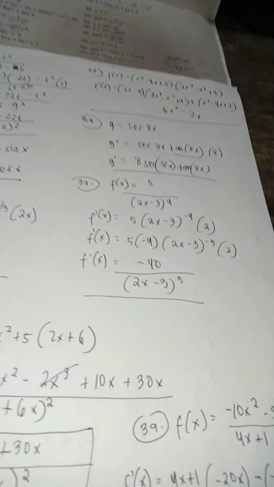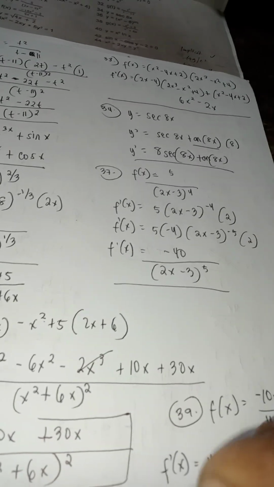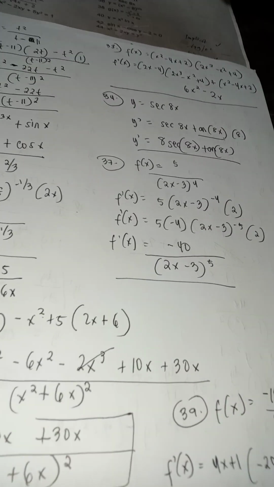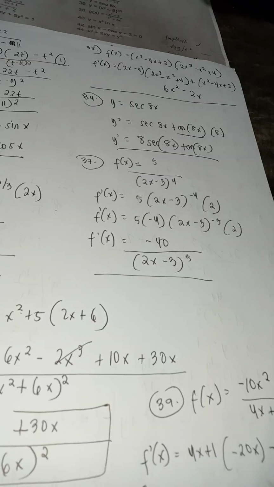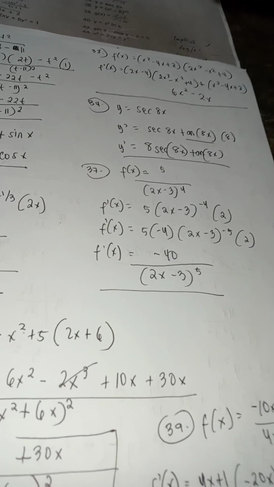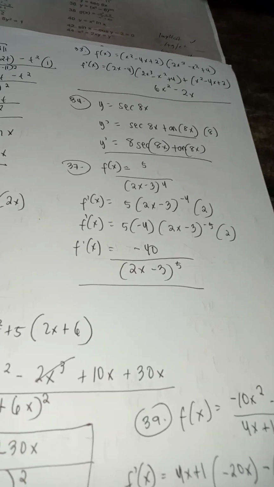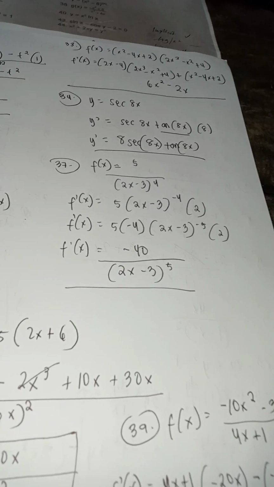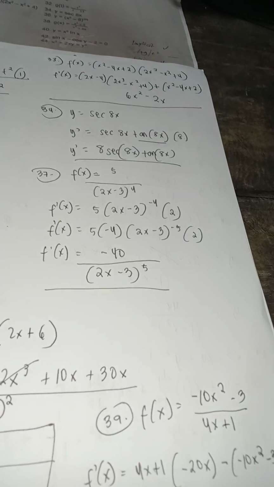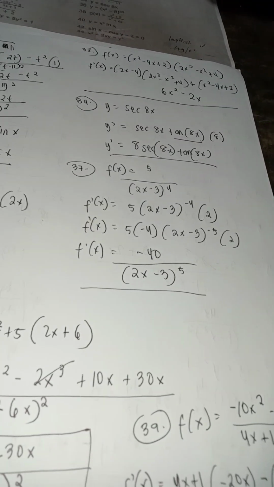Number 39. Okay, so we are going to simplify using the distributive property. So it results for x plus 1 times negative 20x is negative 80x minus 20x, plus 40x plus 12 over 4x plus 1 squared.